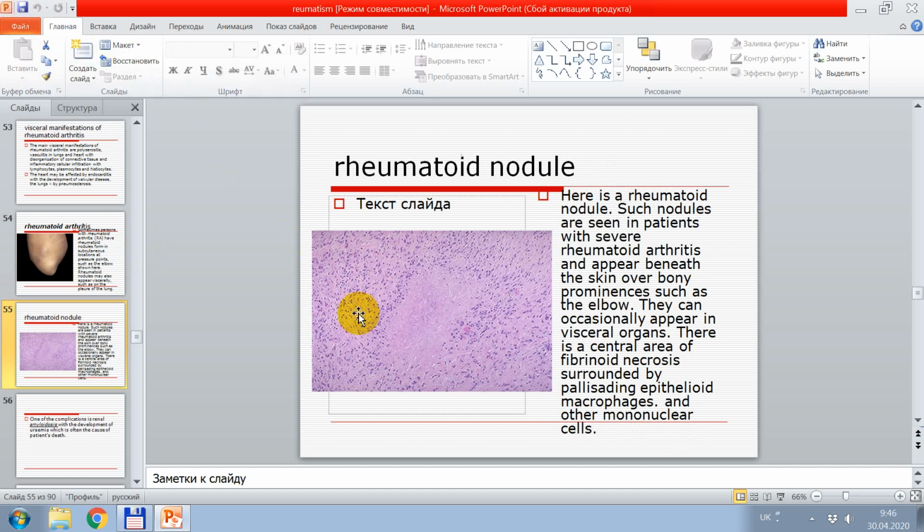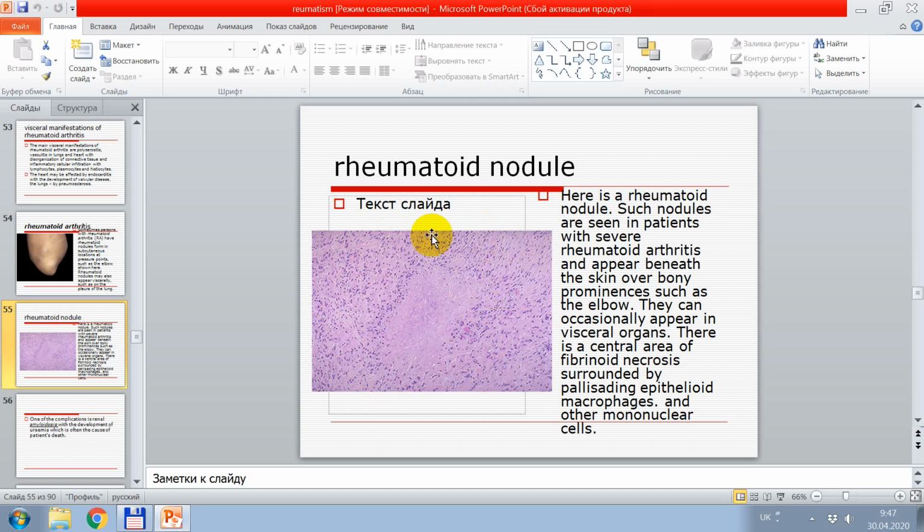These are histological signs of the structure of a rheumatoid nodule. Here is a rheumatoid nodule. Such nodules are seen in patients with severe rheumatoid arthritis and appear beneath the skin over a bony prominence such as the elbow. They can occasionally appear in visceral organs.